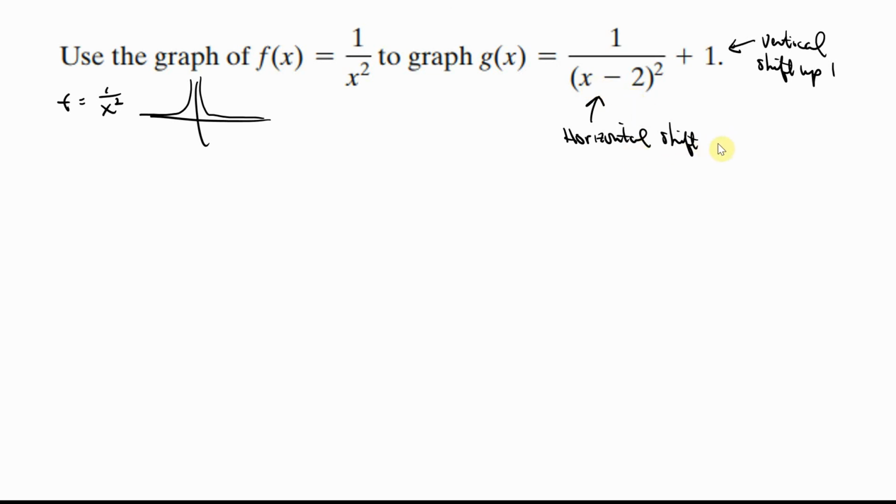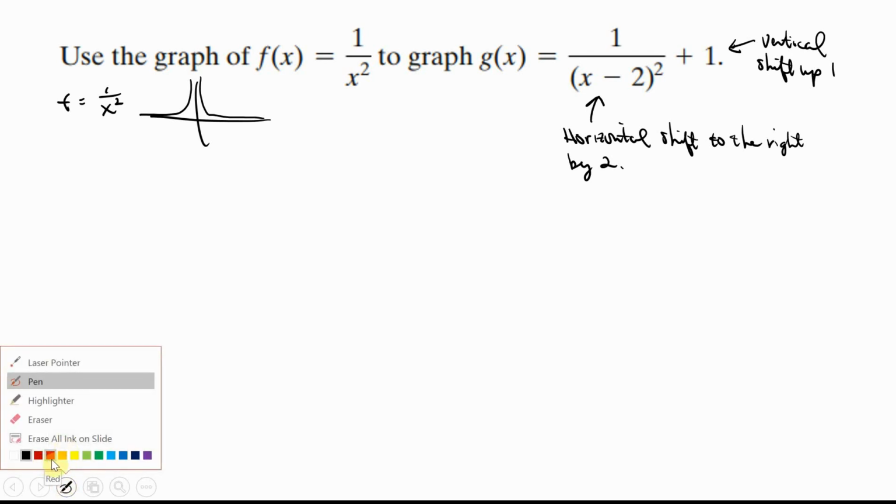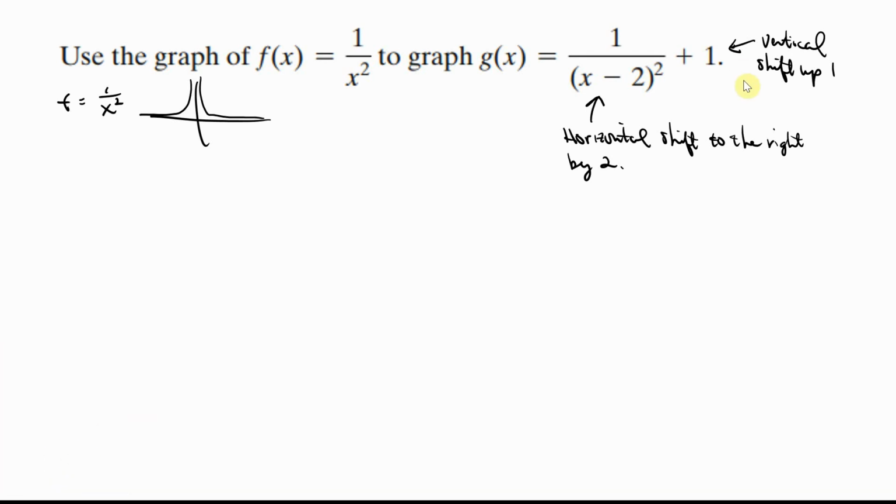Horizontal shift to the right by 2. And what's happening? Let's go deeper. When you see a problem like this, it's already telling you this guy right here is going to be the horizontal asymptote, y equal to 1. And then this is telling you denominator, set that equal to 0, you get the vertical asymptote, x equal to 2.